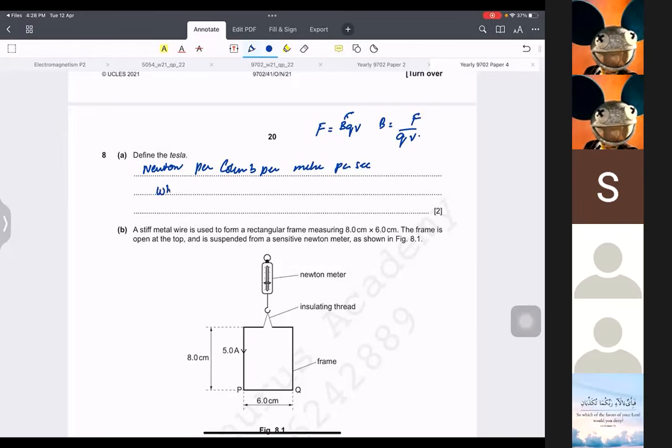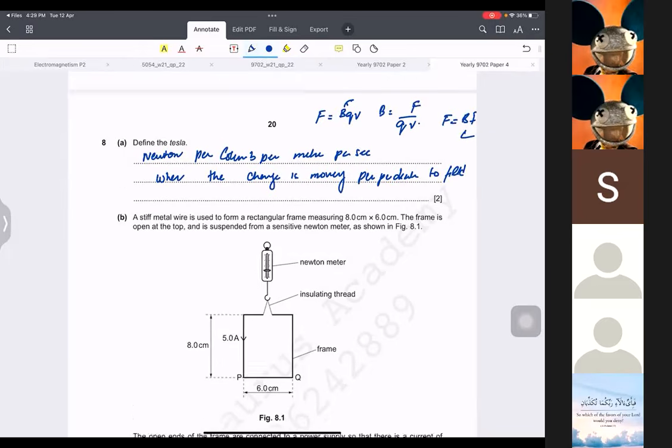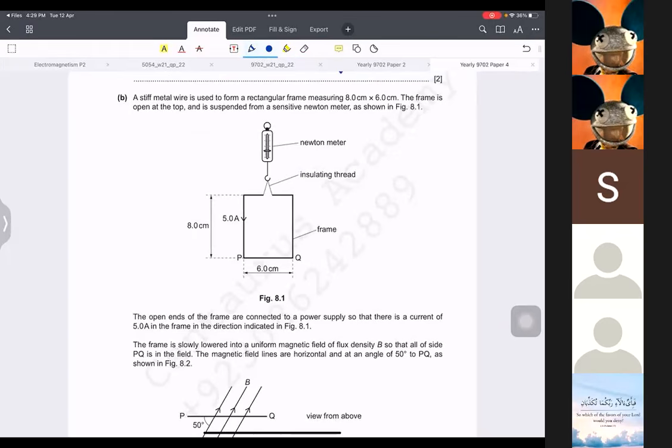Where the charge is moving perpendicular to the field. You can also use F equals BIL, then you can write force per ampere per length. So you can use that too. Then instead of charge, you can write current. Okay. Then they have shown that Newton.